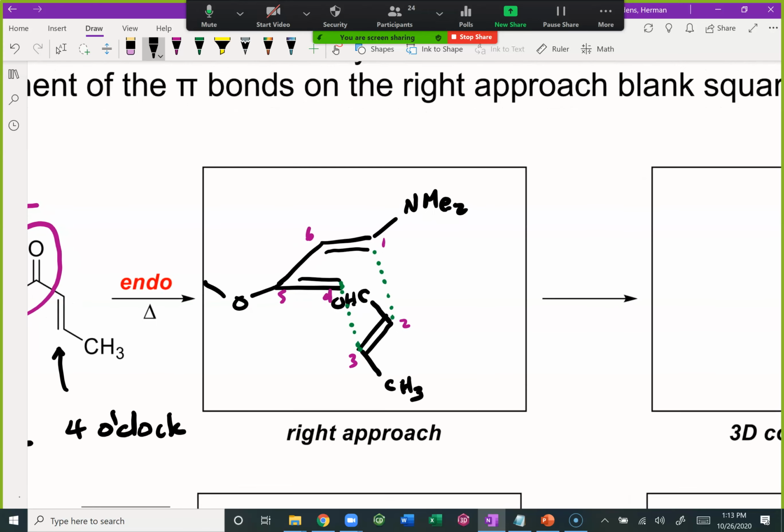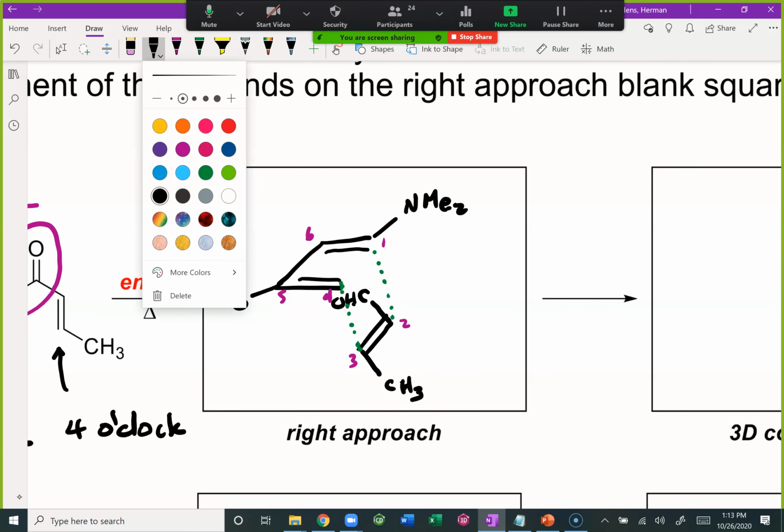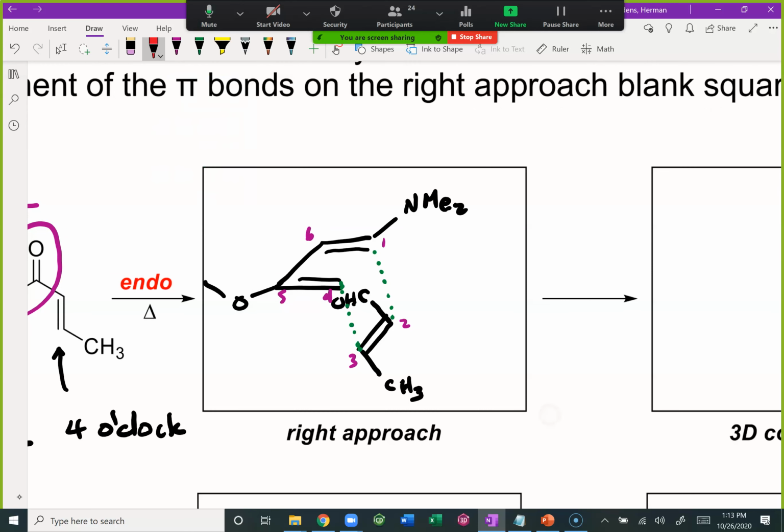The next thing we're going to be doing is the rotation of the electrons. This is a concerted reaction. The next electronic movement happens simultaneously. So this double bond will form that sigma bond. You see that? It's going to go like that. It's going to form a bond where the dotted line in green is.